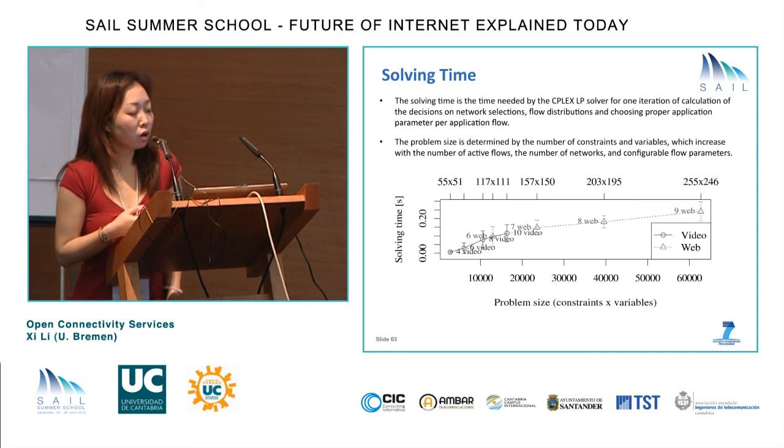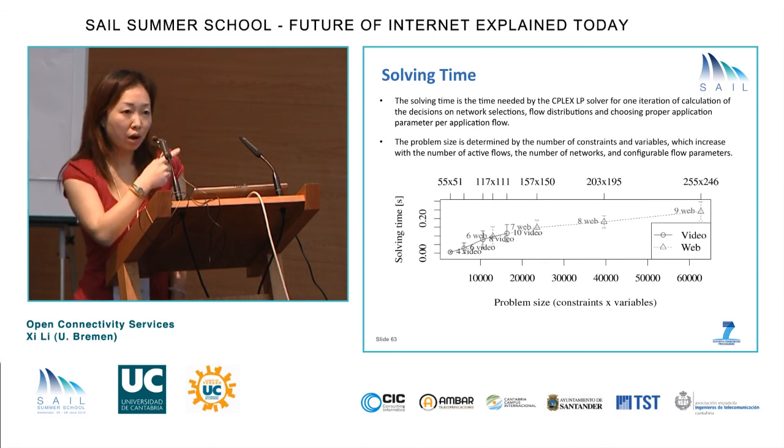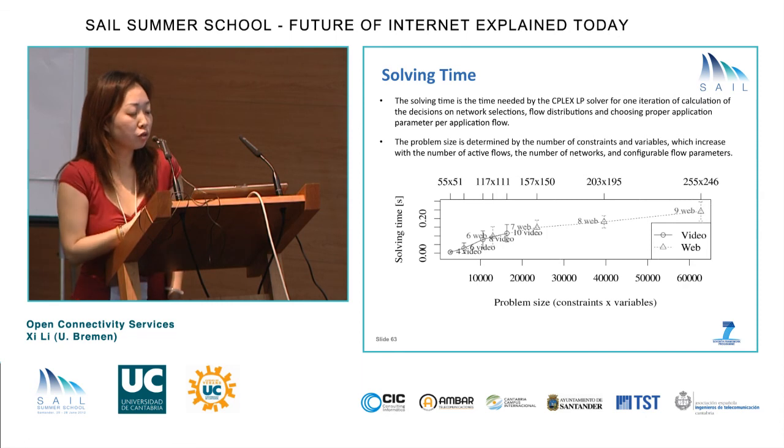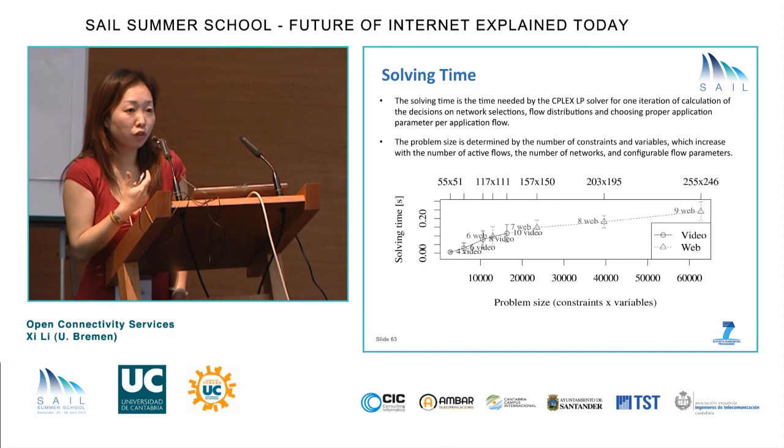So the solving time is a function of the problem size. The problem size is determined mainly by the number of constraints and variables you define, which I mentioned in the linear programming formulation. For each flow, each interface, and each application parameter per flow, we need to define the corresponding variables, and this is the size of our problem.